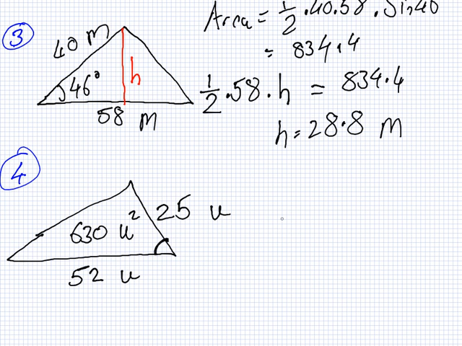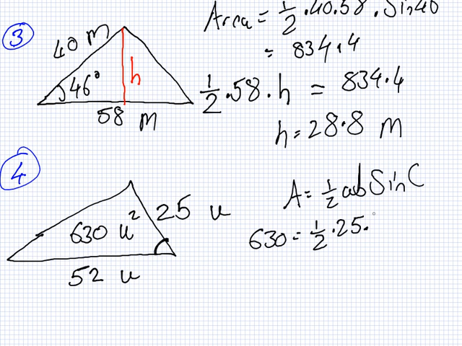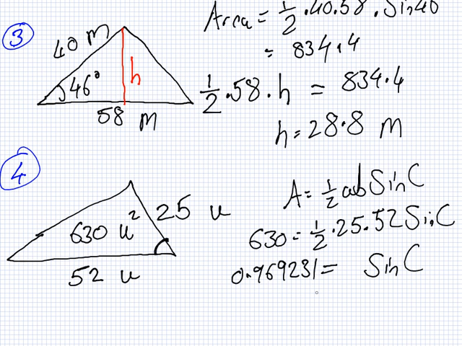So we can say the area is a half AB sine C. So 630 is a half times 25 times 52 times sine C. So here we get sine C equals 0.969231.